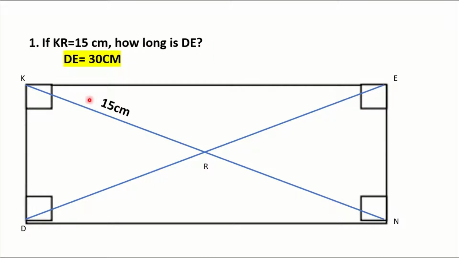So, DE daw yung hinahanap natin. If KR, K papunta kay R, ang sukat daw niya ay 15 centimeters, how long is DE? So, from the given theorem kanina, the diagonals of a rectangle are congruent. Therefore, the measure of KN is congruent to the measure of DE.